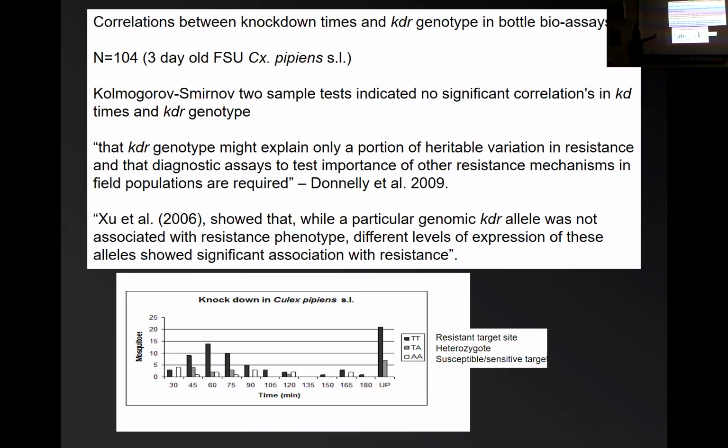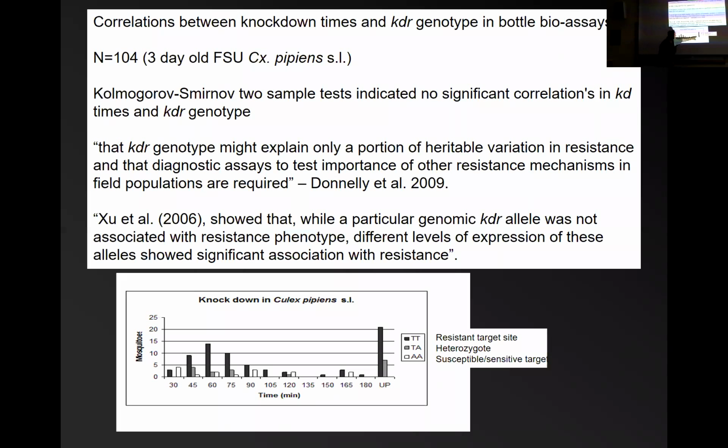And then there was work done by Zhu in 2006, who showed that while a particular KDR allele was not associated with resistance phenotype, different expression levels of these alleles showed association with resistance. Here we're only looking at the genotype. We're not looking at expression.